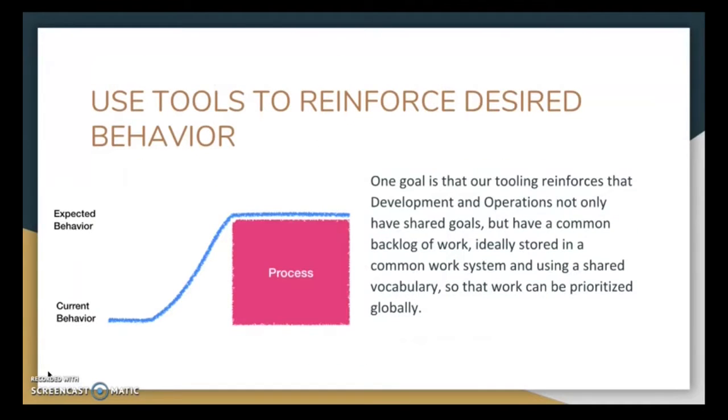Then we have the next topic, which is using tools to reinforce desired behaviors. One goal is that our tooling reinforces that development and operations not only have shared goals, but have a common backlog of work, ideally stored in a common work system and using a shared vocabulary so that work can be prioritized globally.